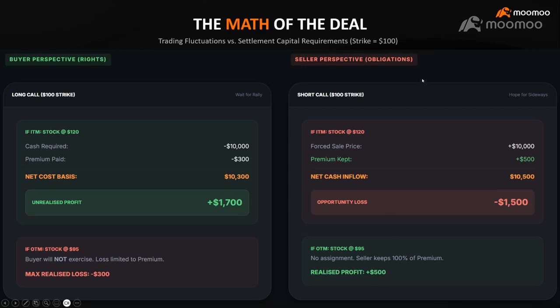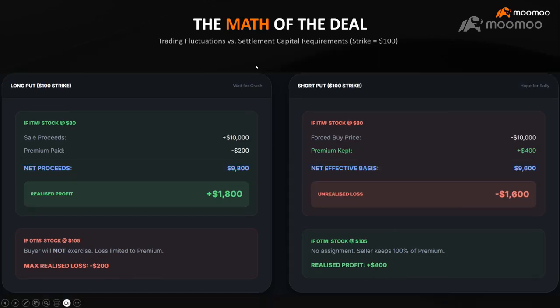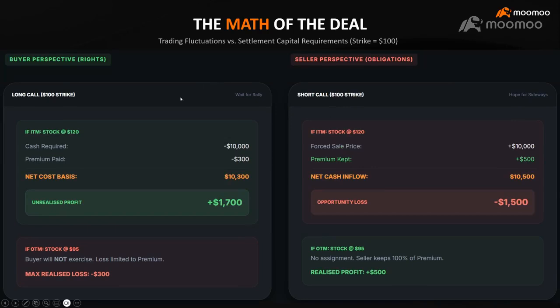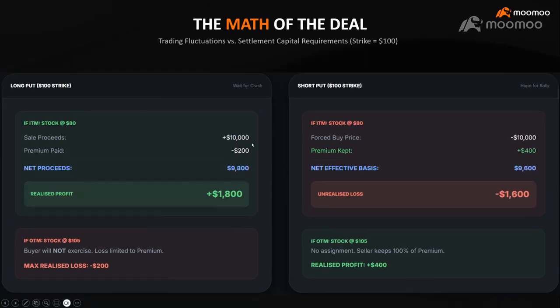So let's move on. Let's look at the put side. Just now we covered the call side. Now we look at the put side. If I long a put and it's in the money, with the stock trading at $80, I can sell at $100 while it's trading at $80, and then I minus the premium paid.